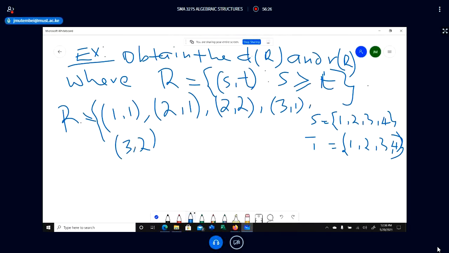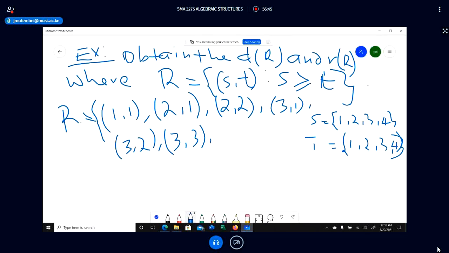Will 3, 3 be a member there? 3, 3 will belong because 3 is equal to 3. Now, 3, 4 will not belong there because 3 is not greater than 4.